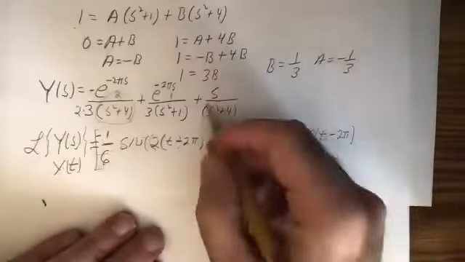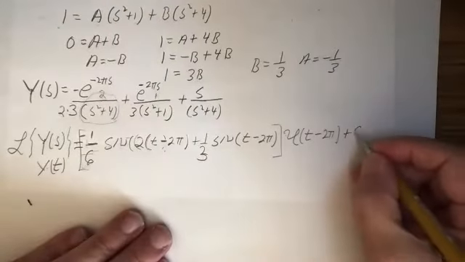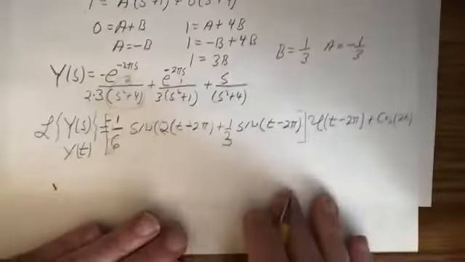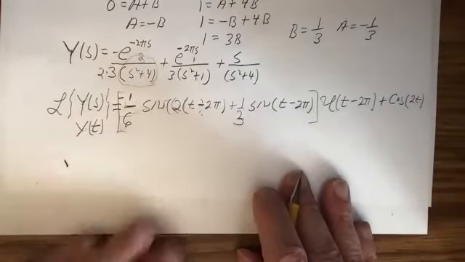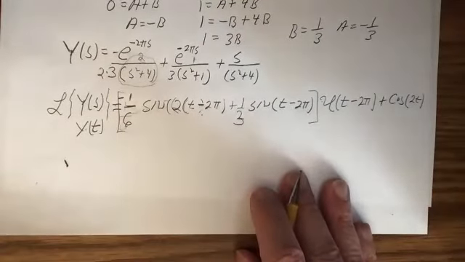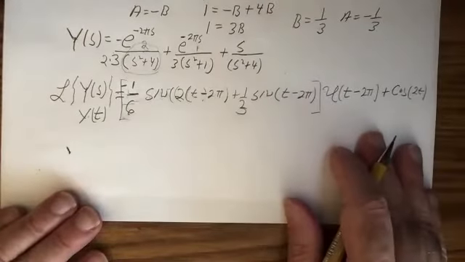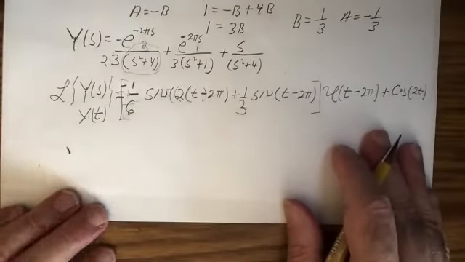And then this term here is easy. This term turns out to be the cosine of 2t. Now, in this case here, you can leave it like that. It's fine. I think that's what's in my notes.